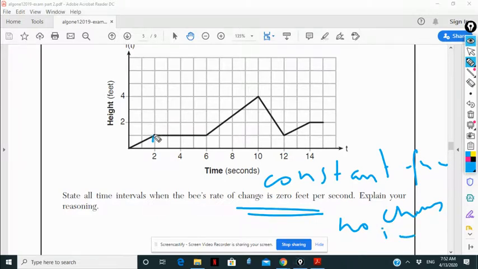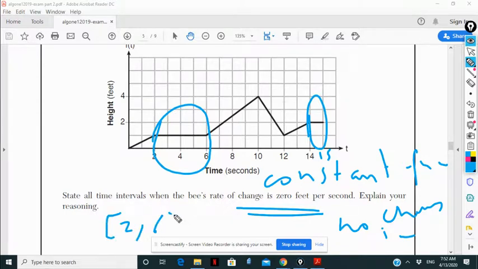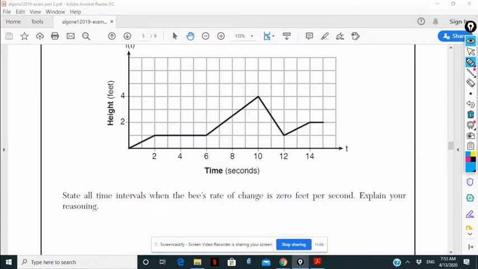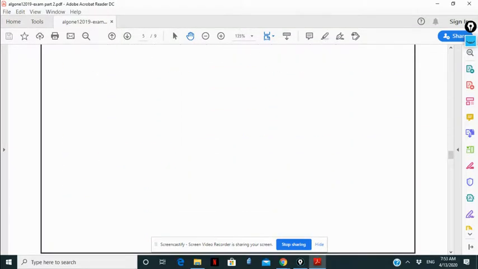So here's 1 between 2 and 6, here's 2 between 14 and 15. So the time interval between 2 and 6 union between 14 and 15. The reason is the height didn't change, so I don't have any rate of change.